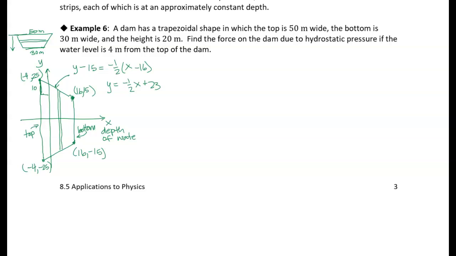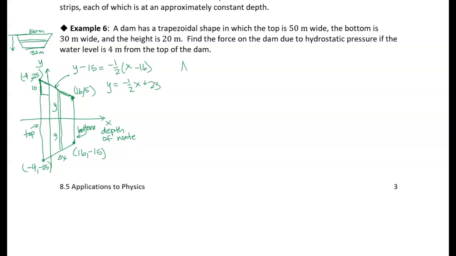So we have a strip that's delta x wide, right? And the distance here is essentially y, where you go up and down in the y direction, right? So essentially y is given by my line here, y equals negative 1/2 x plus 23, but I really need twice that, because this distance y up to the line that represents the side is just half the distance of the strip.